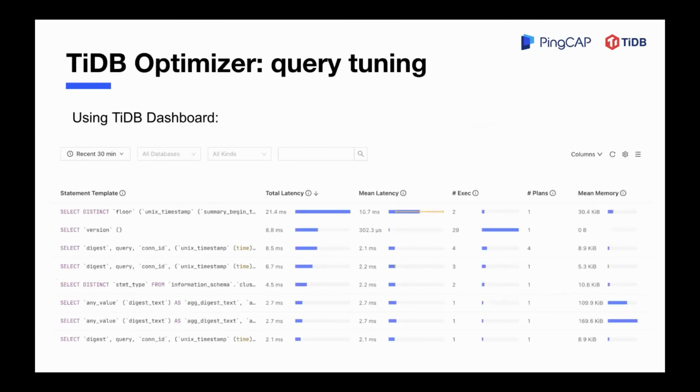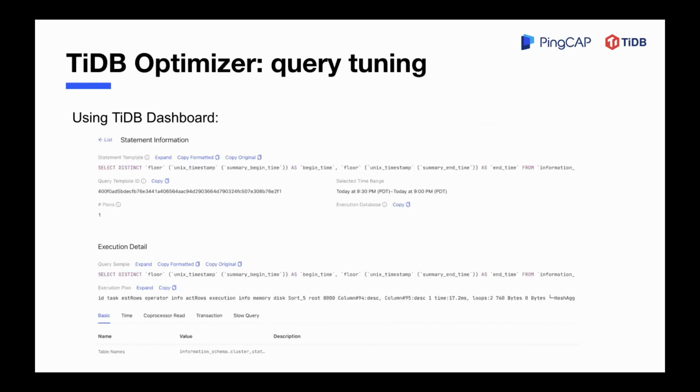And this is a similar one, but visualized. We call it the TiDB Dashboard. You can order by, for example, latency or memory usage to find the troublemaker, and you can find the details in the TiDB Dashboard.